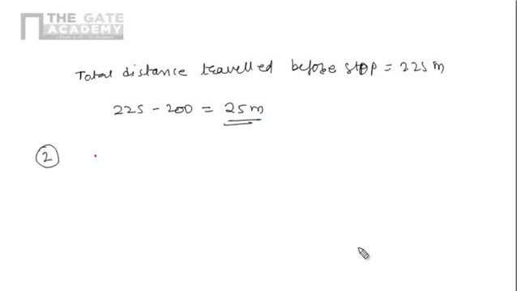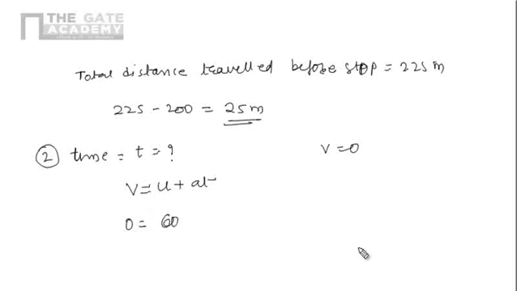Now for second part, we are interested in time. So we can use the equation where we are having the term t. So we can use v equals u plus at. We know when the train will stop, v will be 0. We know the value of u, that is 60 kilometer per hour.